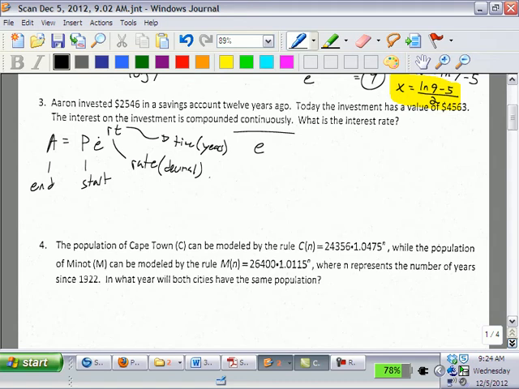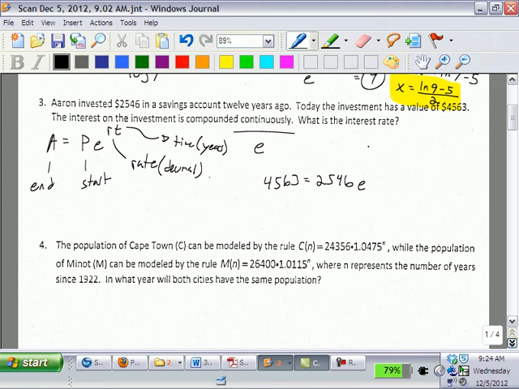So, what do we know? What variables can we actually substitute in for? A is 4,563. P is 2,546. T is 12.